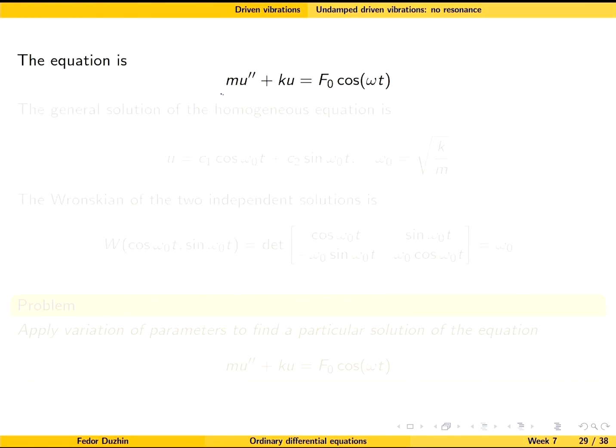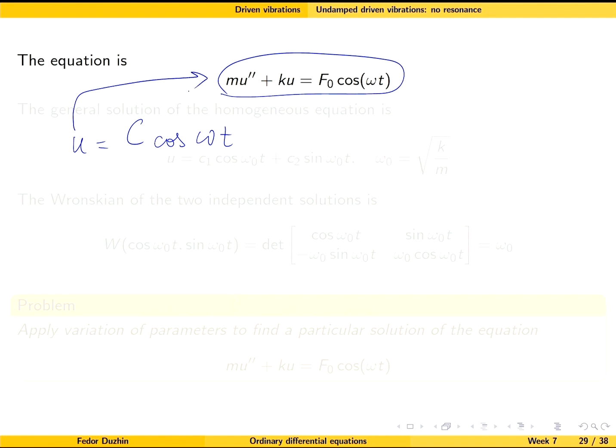If the right-hand side has cosine of omega t, then it's natural to try u in the form of cosine of omega t, maybe with some coefficient. So let me write coefficient c. Then let us substitute it into the differential equation. We get m u double prime.